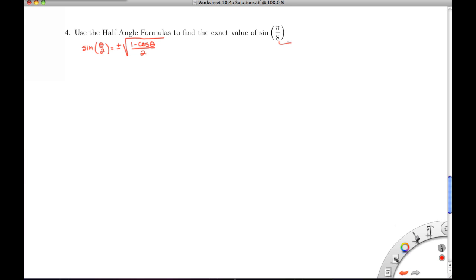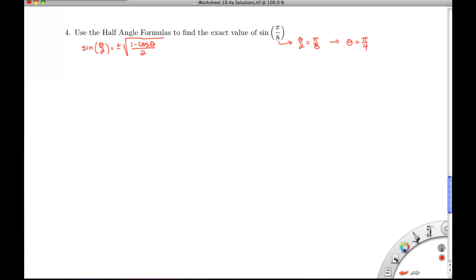So let's think about pi over 8. If you want to convert to degrees and work through it that way, that's fine. I'm going to stick with radians. So the role of the theta over 2 is pi over 8 here. So that's what we're finding the sine of, pi over 8. So this implies that theta, we'd multiply both sides by 2, is going to be pi over 4. So these are the two angles that we'll be plugging into this formula.